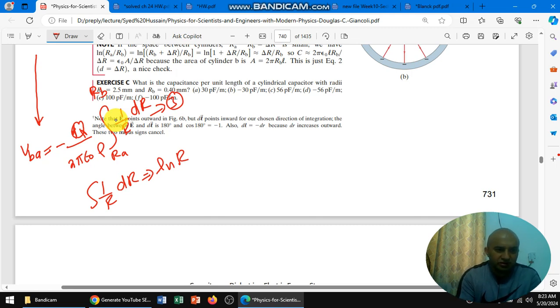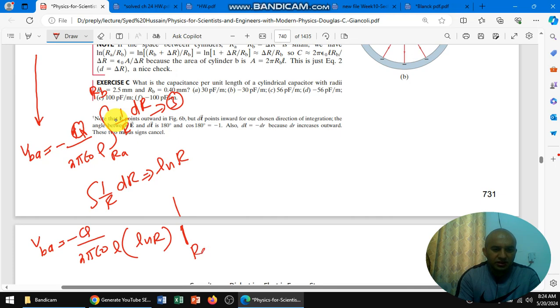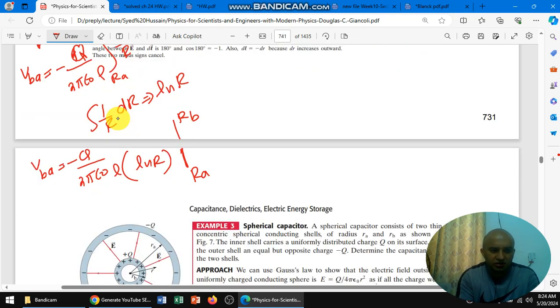So we can write equation 3 as V_BA is equal to minus Q over 2 pi epsilon naught L, and now log of R is the integration, with lower limit RA and upper limit RB. So we put our limits: minus Q over 2 pi epsilon naught L, log of RB minus log of RA.